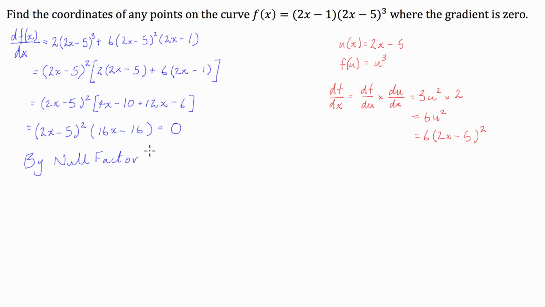Sorry about my handwriting. By the null factor law, which states that if you've got 2 or 3 numbers being multiplied together and they equal 0, at least one of them has to be 0. So in this case, either 2x minus 5 will have to equal 0, or 16x minus 16 will have to equal 0.